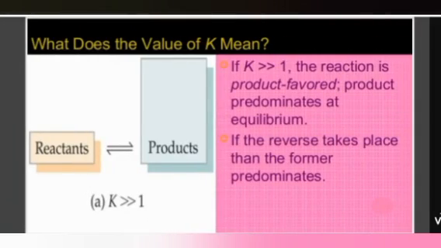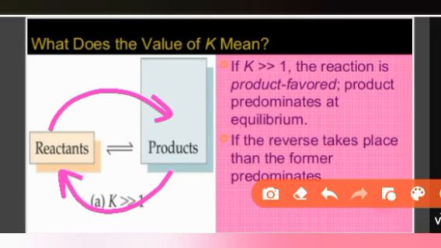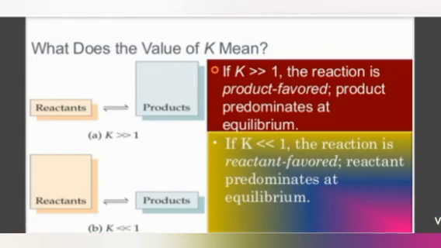So what does the value of K mean when reactant is changing into product? At equilibrium, the forward reaction rate is equal to the backward reaction rate. When the K value is greater than 1, the reaction is product favored and product will form.